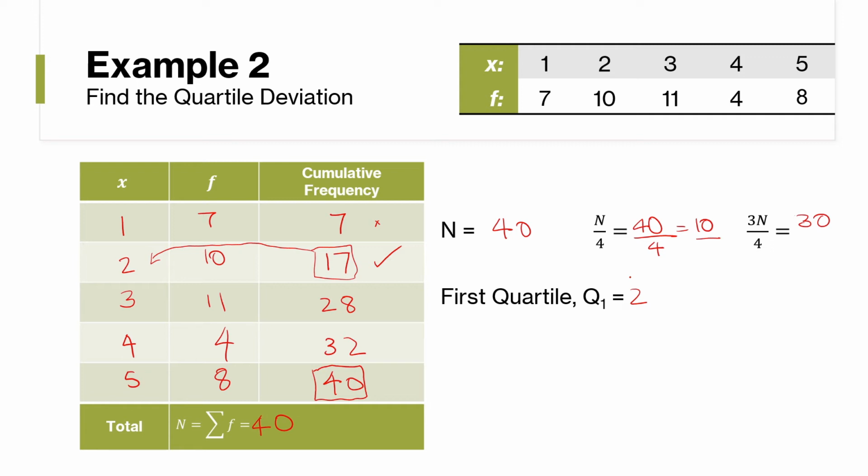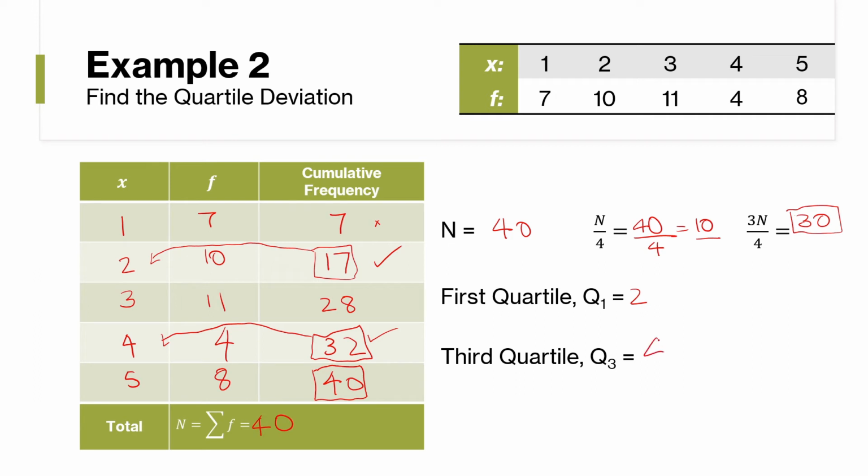Now, the 3n by 4th value, or the third quartile: to find the third quartile, we have to find the cumulative frequency which is just above 30. The cumulative frequency just above 30 is 32 here, and the corresponding value of x is 4.